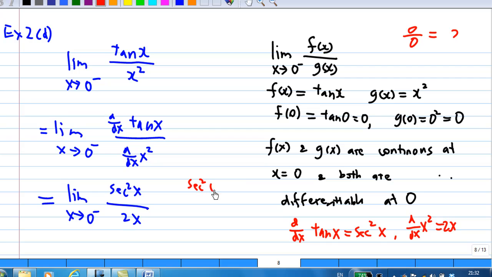Secant squared 0 we know is 1, and 2 times 0 minus will be 0 minus. So you have a situation of 1 in the numerator and, in the denominator, a very small number near 0 but negative. And the result for this ratio will be negative infinity. This is the end of this recording.